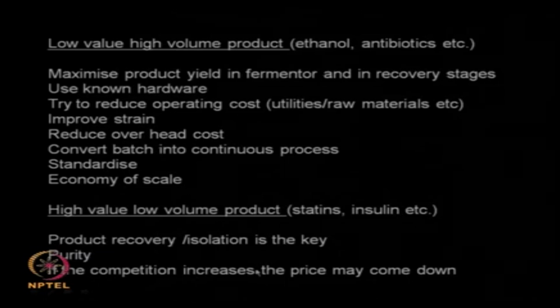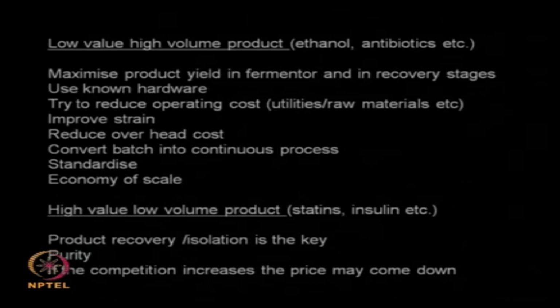Another very important point you need to remember is, you will not be able to have the high value low volume product forever and ever. If tomorrow another manufacturer comes and they start a company, they become your competitor, then the product cost, selling price comes down. So, you have to always keep in mind, there is no monopoly for a very long time.